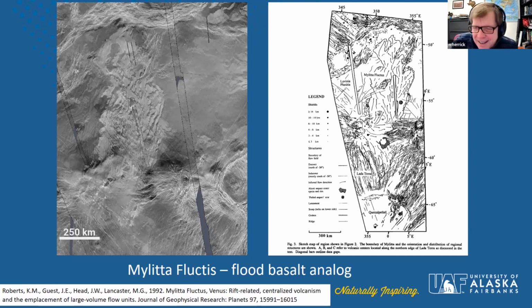And so in terms of the big picture of how the plains are formed, there's a lot of area, the low-lying plains on Venus, where it's pretty tough to figure out whether they were produced by large flood basalt-like events or lots and lots of distributed small sources that we just can't see.